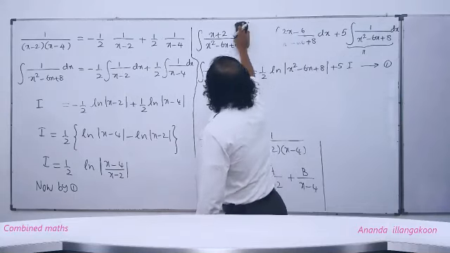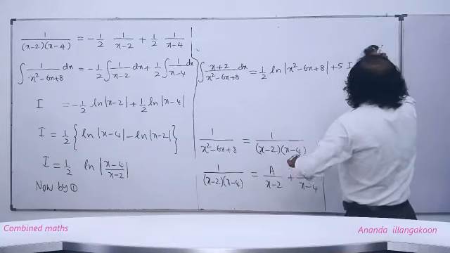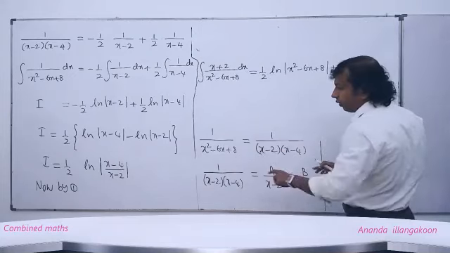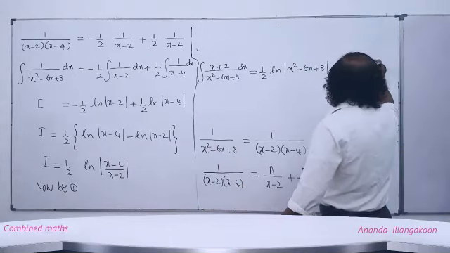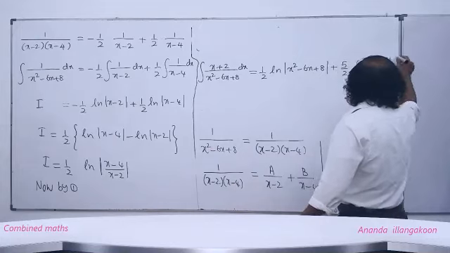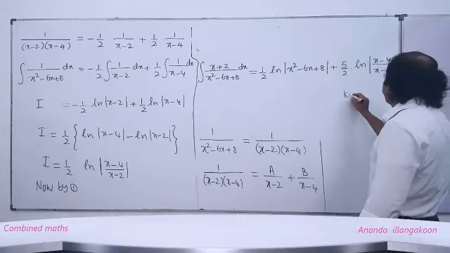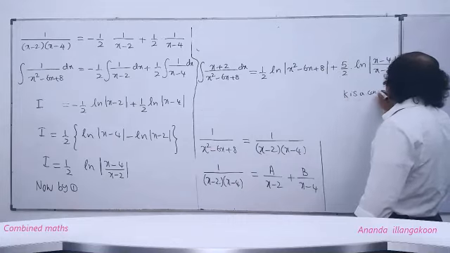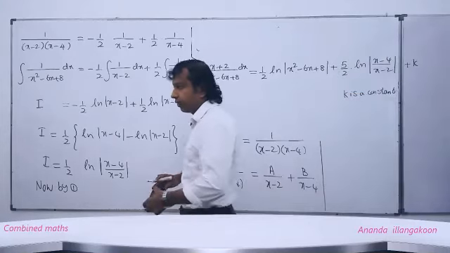What is that? Half. Half means 5 by 2. So 5 by 2 Ln mod x minus 4 divided by x minus 2. Plus, people, k. What is k? K is a constant. That is how we take this answer.